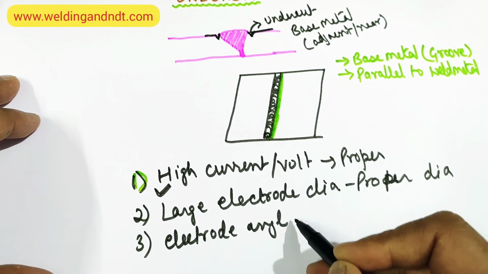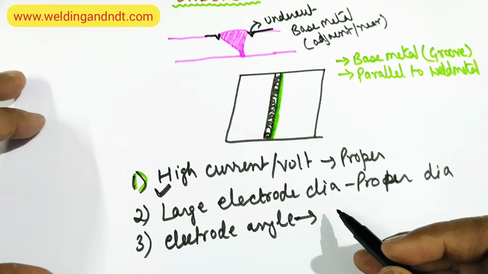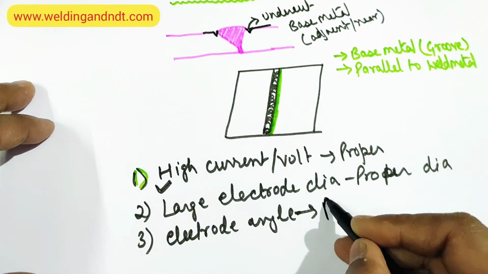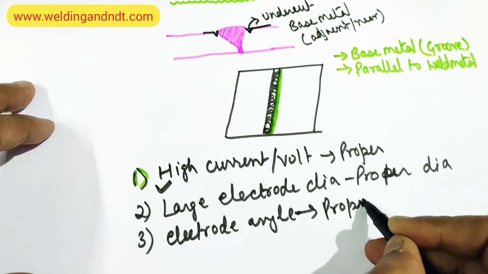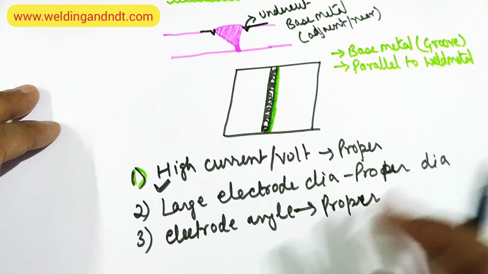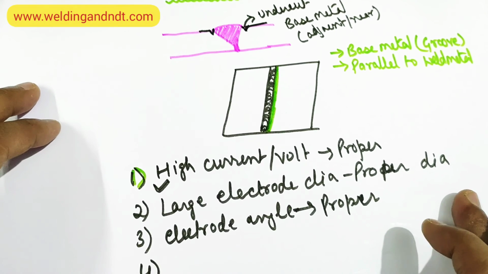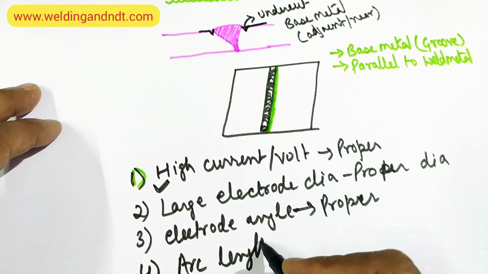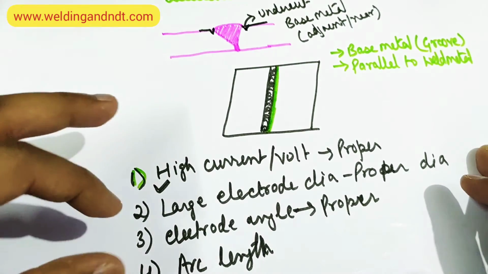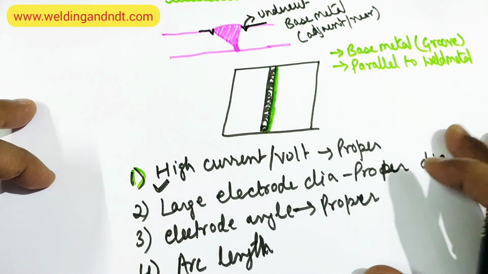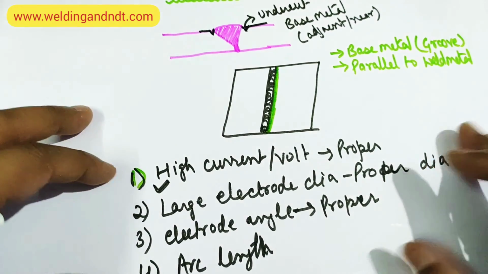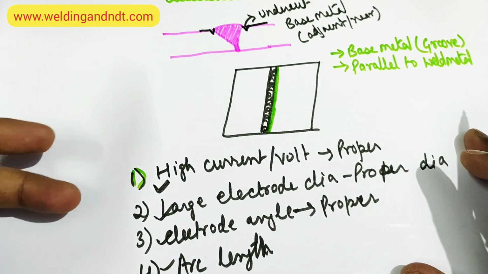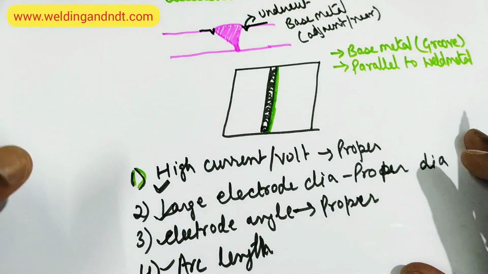The electrode angle must be proper so that the groove will not be formed, so a proper electrode angle needs to be maintained during welding. And finally, longer arc length. If your arc length is long, we need to maintain a proper arc length. By avoiding these causes, we will not get undercut.